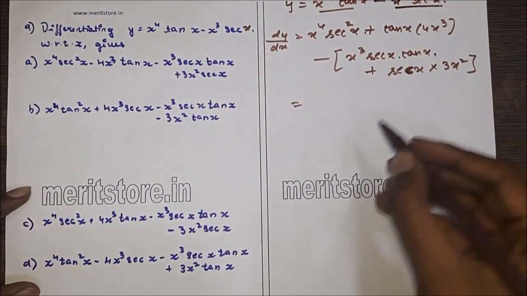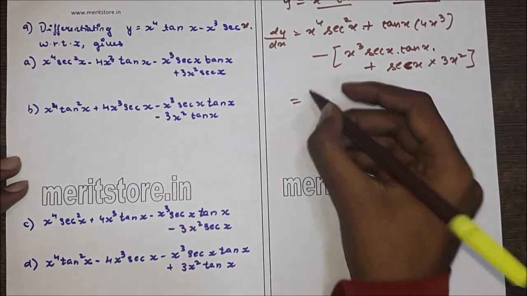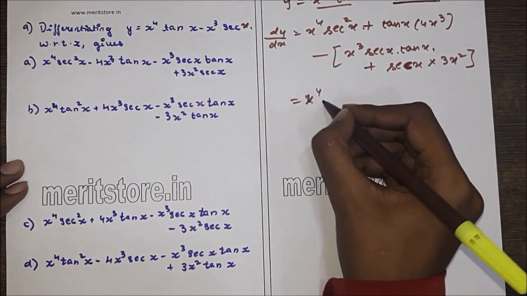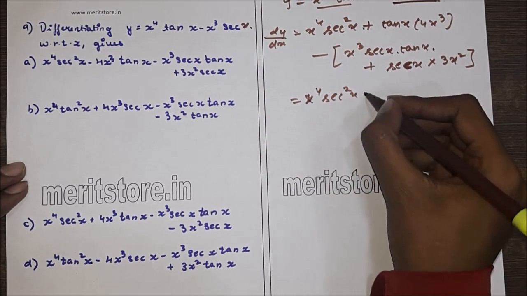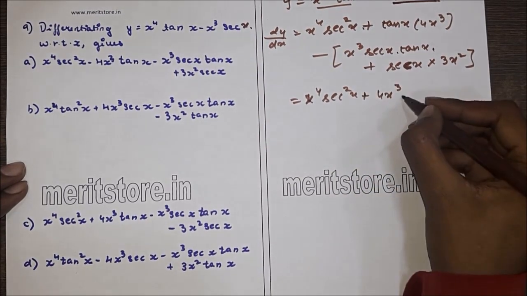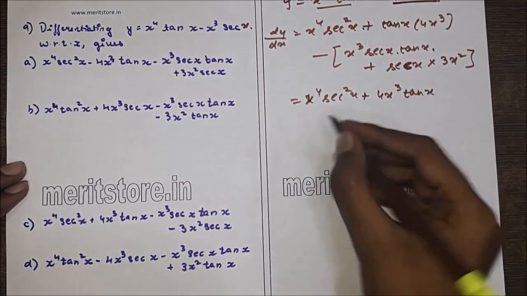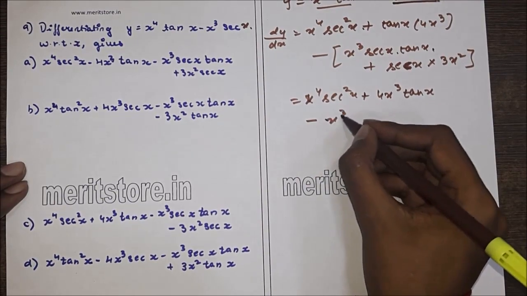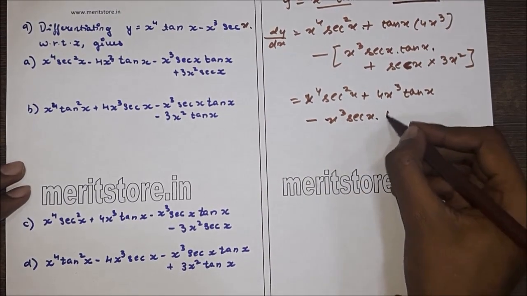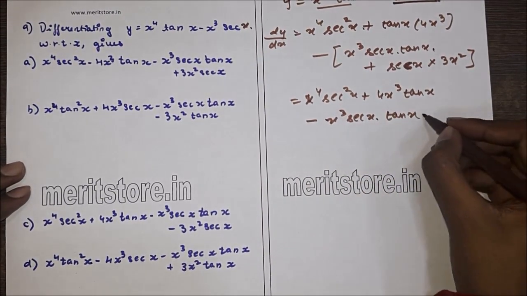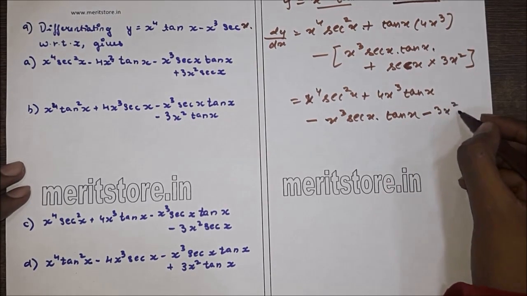We rearrange the terms according to the options given. We get x raised to 4 sec square x plus 4x cube tan x minus x cube sec x tan x minus 3x square sec x.